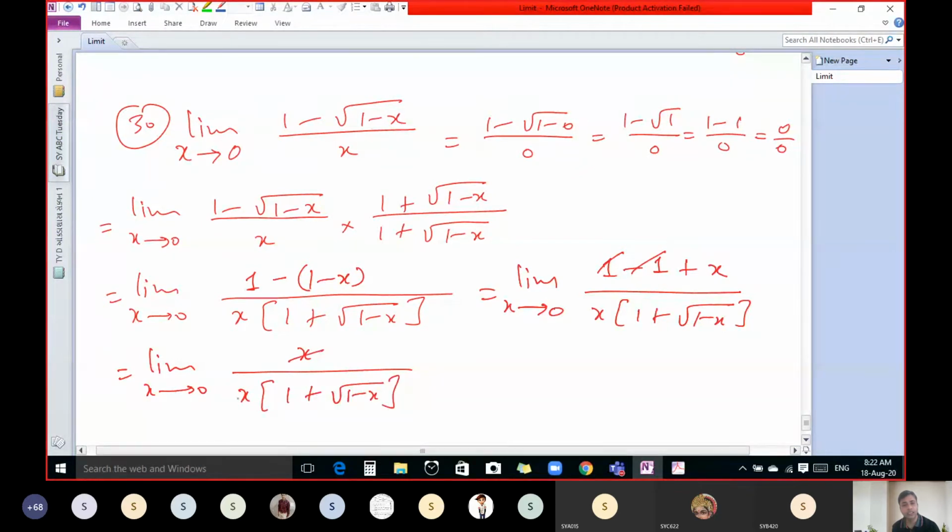And now you can cancel this x. So we get 1 in numerator, and in denominator just put x equal to 0. So we get here 1, and here we get 1 plus root 1. Root 1 is what? 1. So 1 plus 1. So ultimate answer is 1 by 2. So the final answer is 1 by 2.